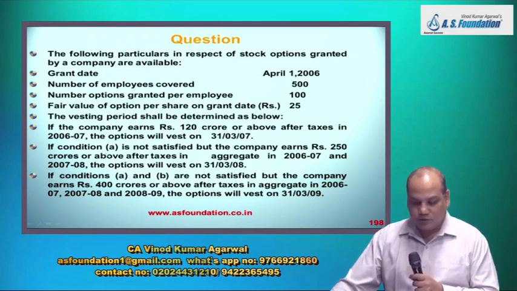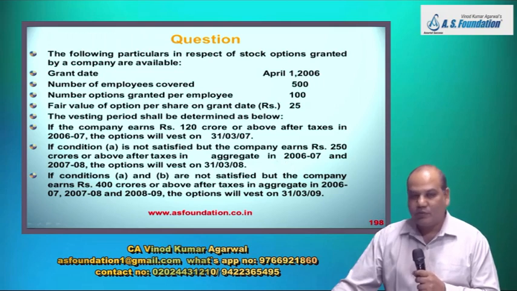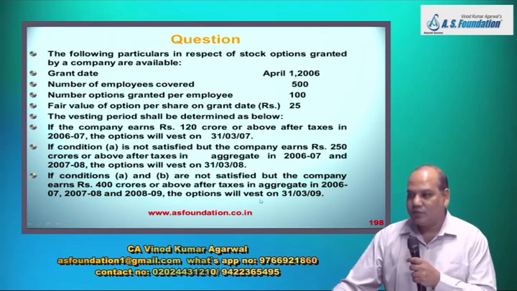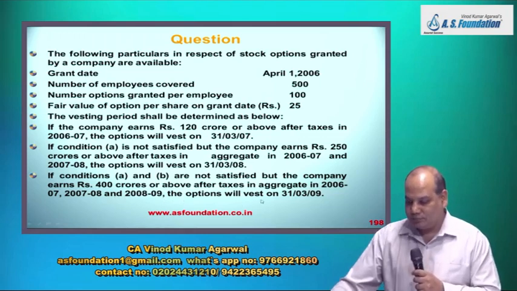If condition A is not satisfied, but the company earns 250 crore or above after taxes in aggregate in 2006-7 and 2007-8, the option will vest on 31st March 2008. If conditions A and B are not satisfied, but the company earns rupees 400 crore or above after taxes in aggregate in 2006-7, 2007-8 and 2008-9, the options will vest on 31st March 2009.